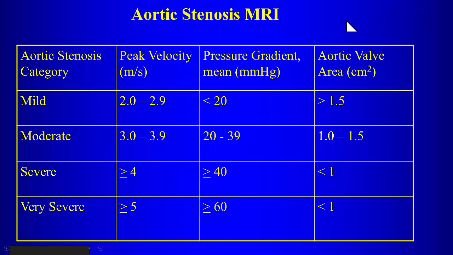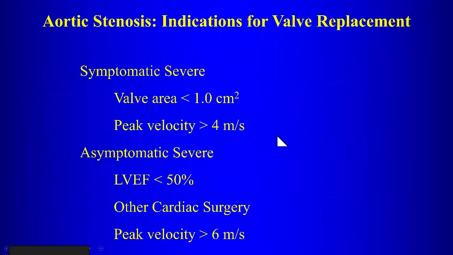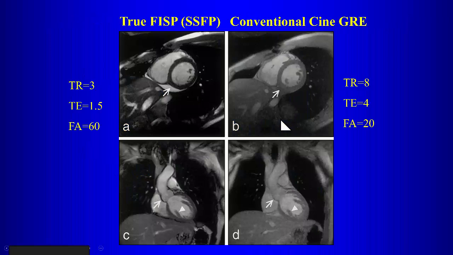So we can use MRI to grade the severity of aortic stenosis. And then there are also the indications for when the patient needs valve replacement. Again, you don't need to memorize this, but we can use this to guide therapy also with MRI.